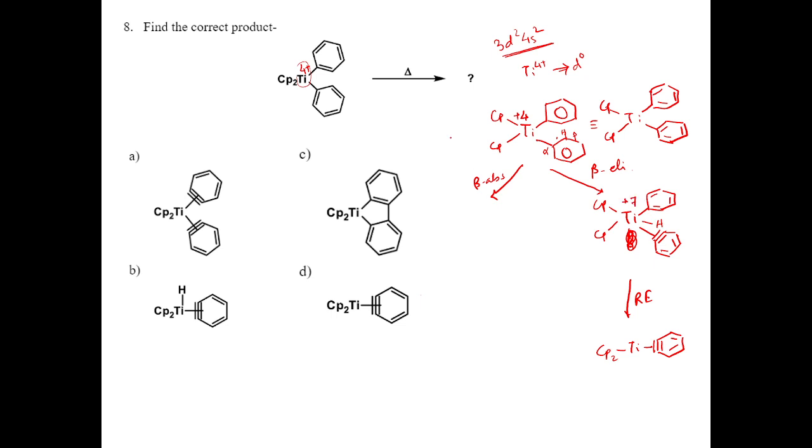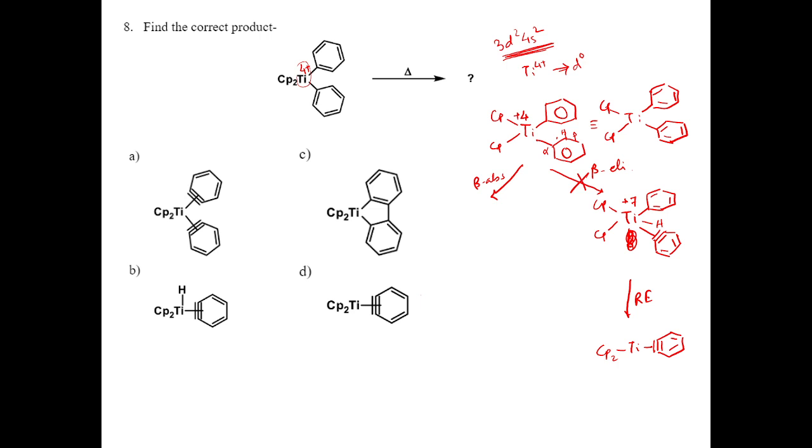Here in the valence shell only 4 electrons are there, so it is the highest possible oxidation state of titanium. So it cannot go to the +7 oxidation state. That's why this type of beta elimination reaction is not feasible for this type of complex.